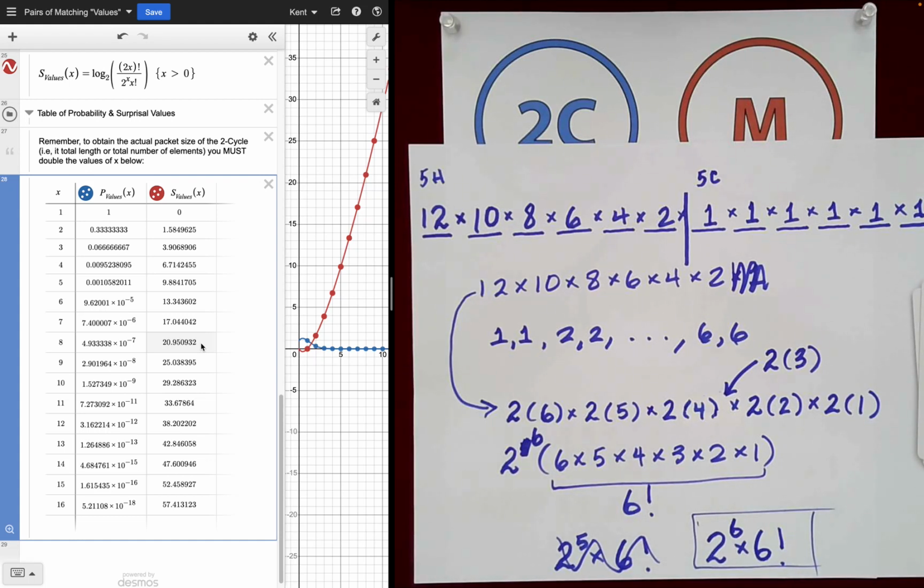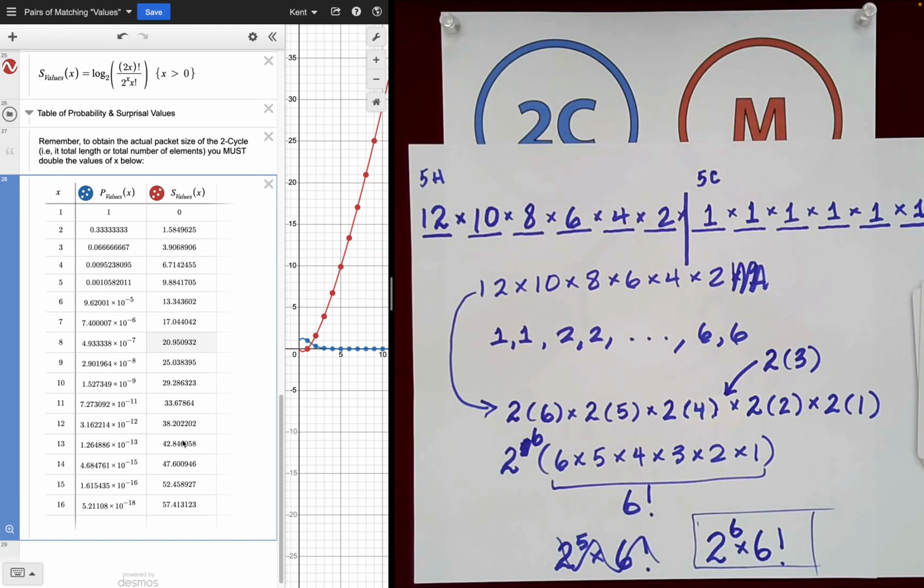And then, of course, if you had a packet size of 32, this is just unbelievable, right? 57, imagine 57 coins being tossed high into the air. They're all going to land heads up, and they do. So anyway, that gives you a feel for these surprisals. And then you can look up on your own.